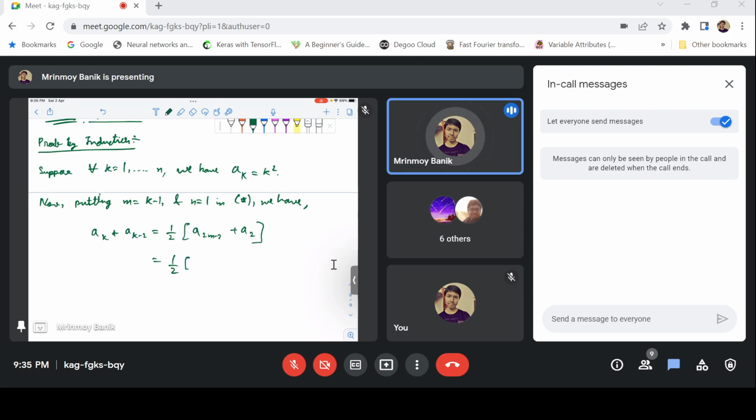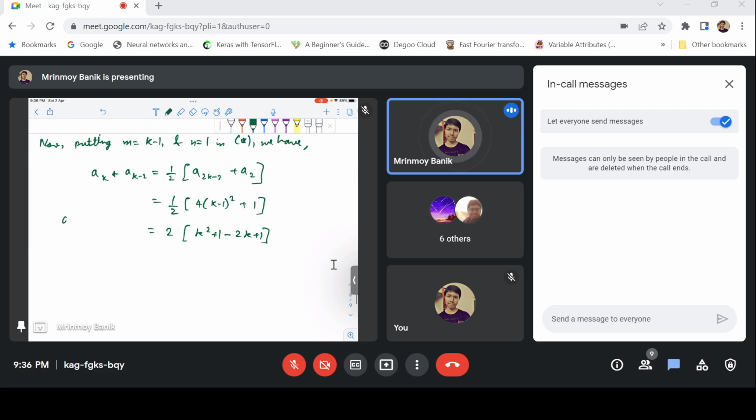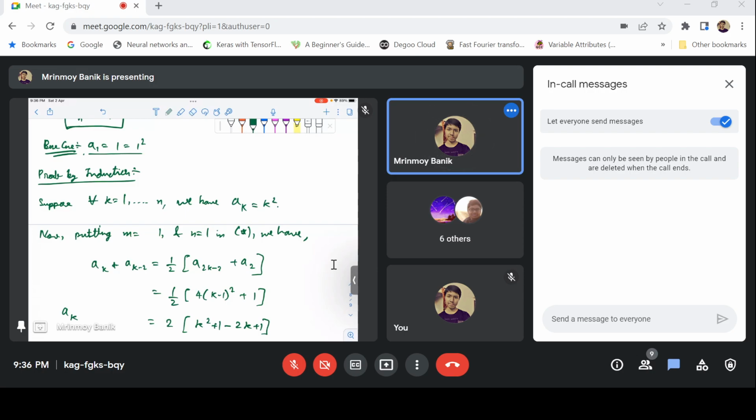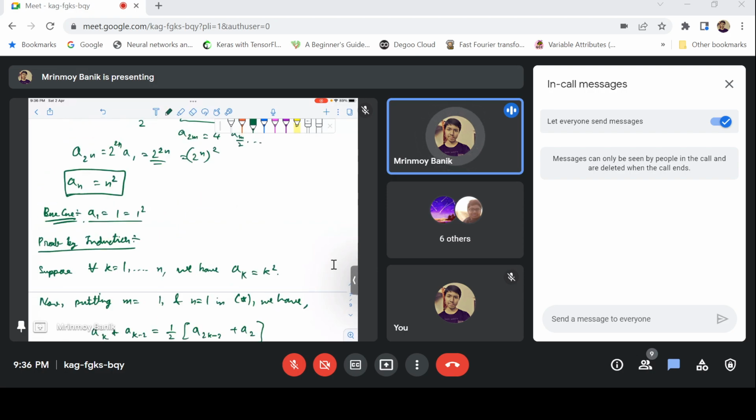From our assumption, we have a_{2k-2}, just a minute, not 2m, it's 2k minus 2. So we have 4 times (k minus 1) squared plus 1, which is 2k squared plus 1 minus 2k plus 1. This is equal to a_k. I guess we should put n here, since we assume this to be true for all 1 through n.